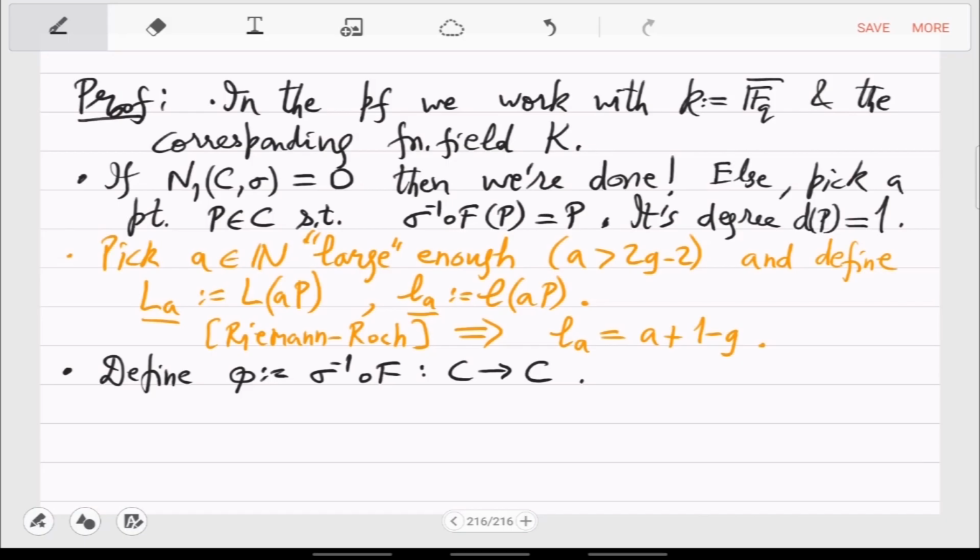So C here is over the algebraic closure. So phi is a morphism from C to itself. It's in fact an automorphism of this curve. So what does it do at the level of functions?